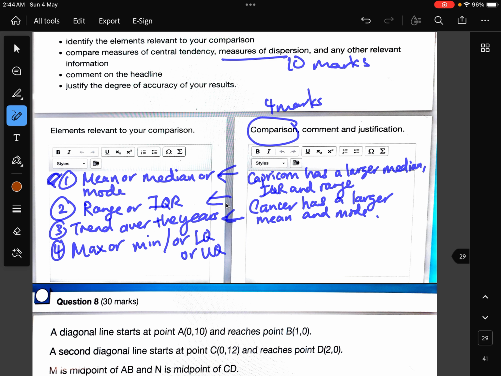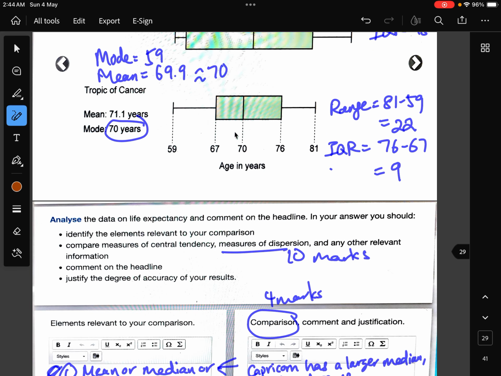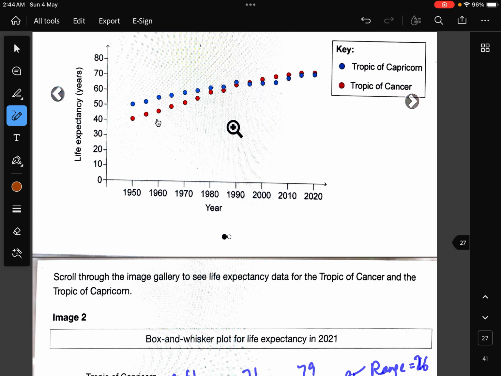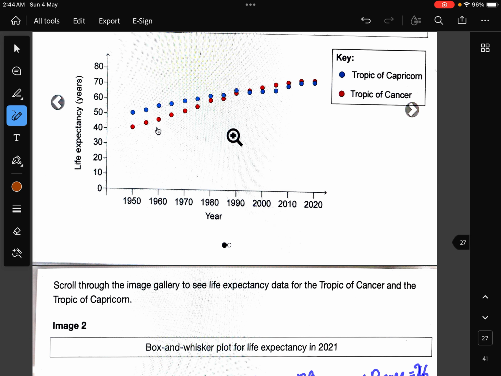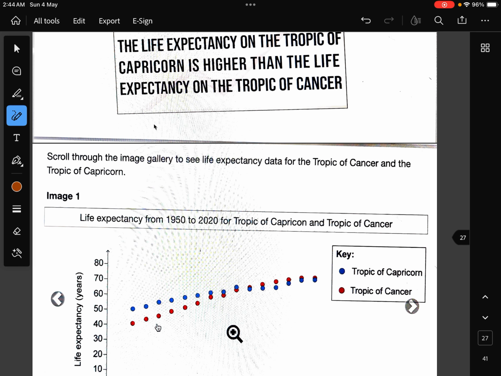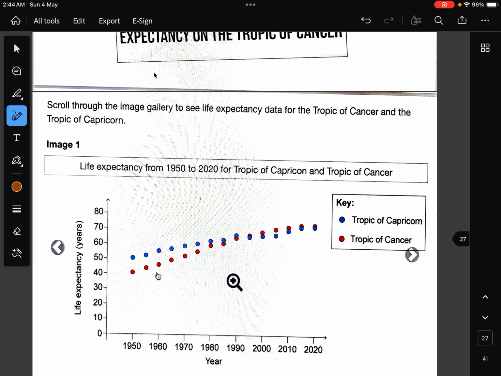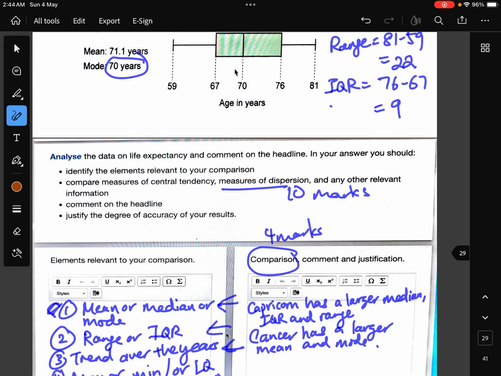Okay, I think that's important. Now we could look back at this little graph here, and we just talked about that the Tropic of Capricorn is obviously higher than the Tropic of Cancer from 1950 pretty much all the way up to 1990. Okay, so we can write this down.